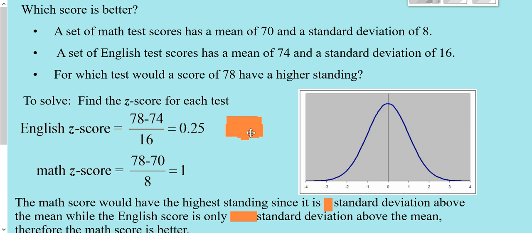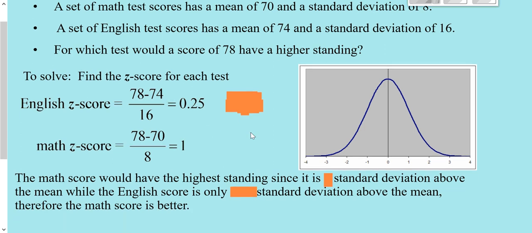That gives us 8 over 8, or 1. So we would say the math did better because they had a z-score of 1, where English only had a quarter. So 1 would be over here, which means you're farther to the right than you would be if you were at a quarter, which would be back here. Farther to the right means you are better than more of the data that's to your left.